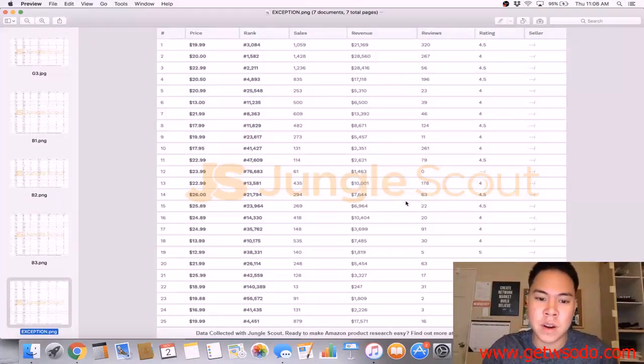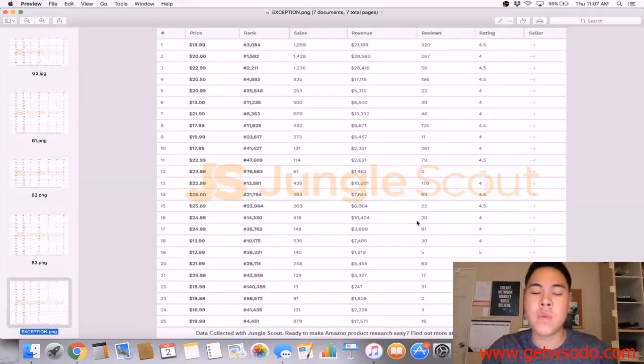But if you notice down here, after about the 14th listing, the price is still stable, sales are still stable, the revenue is still stable. And for us, we can probably get in this area and still make money. For example, this product only has 17 reviews and is doing 3,000, and it's the 21st listing. This product has 22 reviews and it's doing 7,000, and it's the 15th listing.